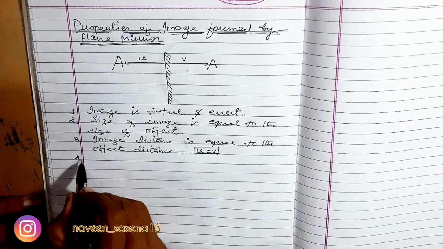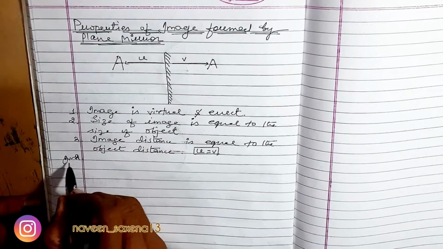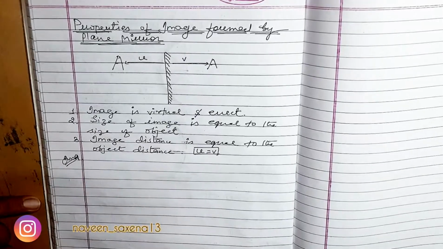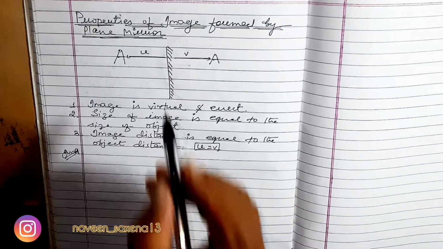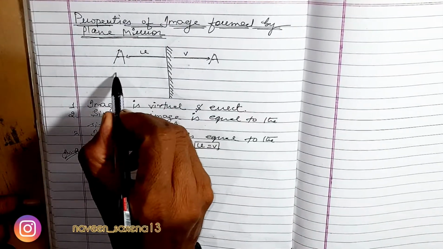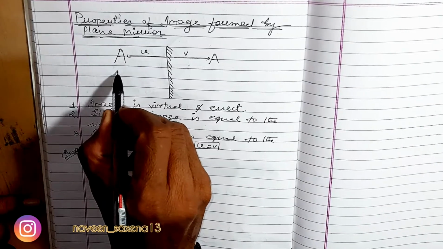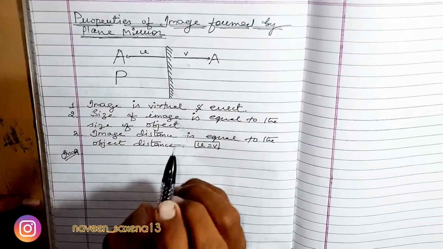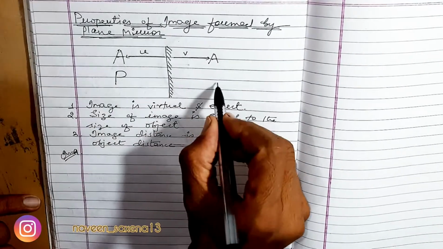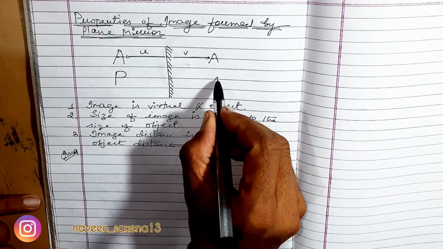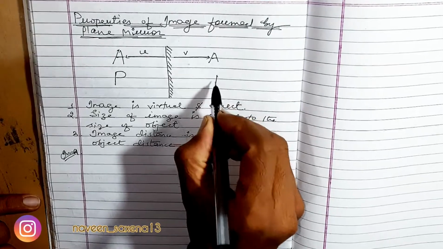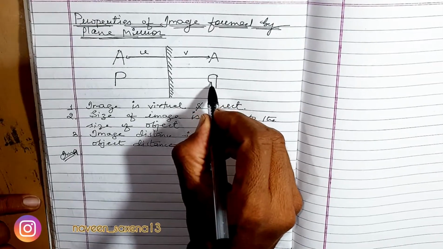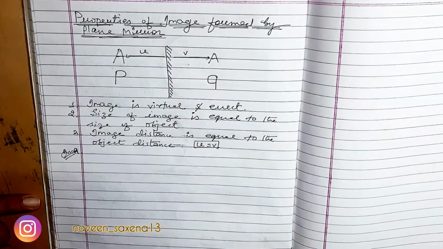Now the fourth property, and it is a very important property. I am writing a letter P in front of the plane mirror. The image is formed behind the mirror in this manner. You can see like this.